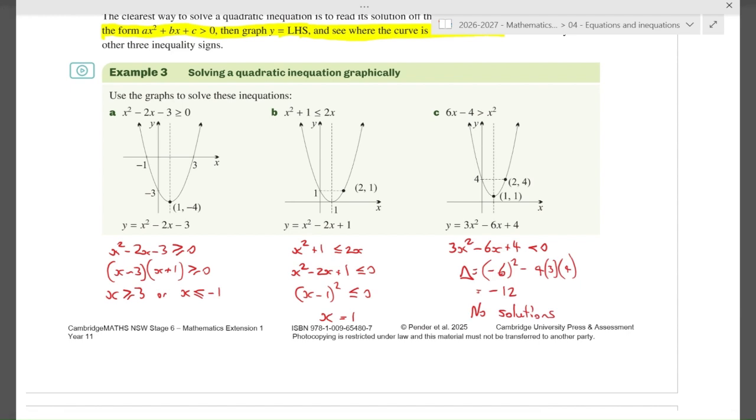Correct, because your discriminant's less than 0. 4 times 3 is 12, times 4 is 48. It tells you that the graph literally says this. The graph does show you it, doesn't it?